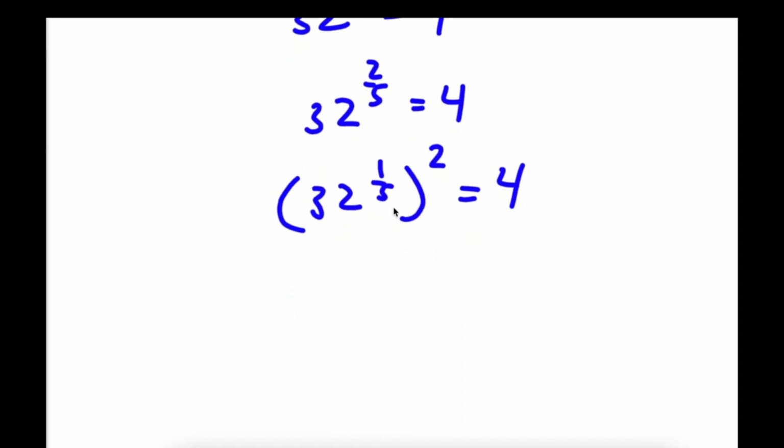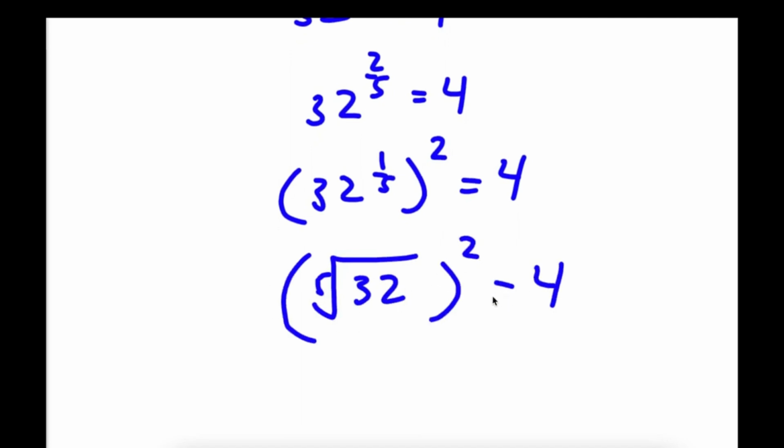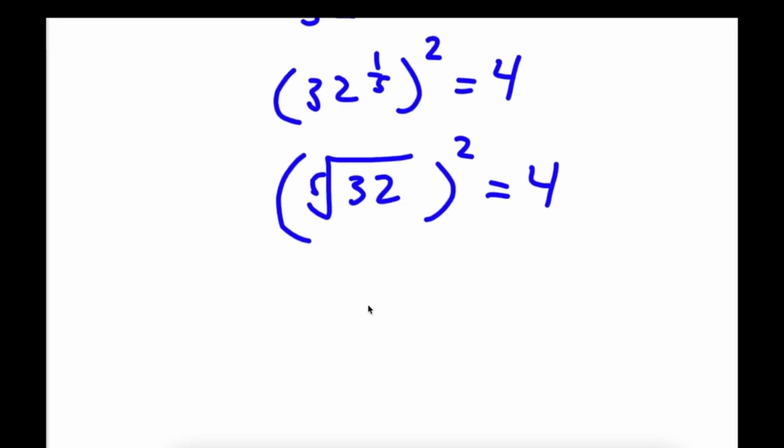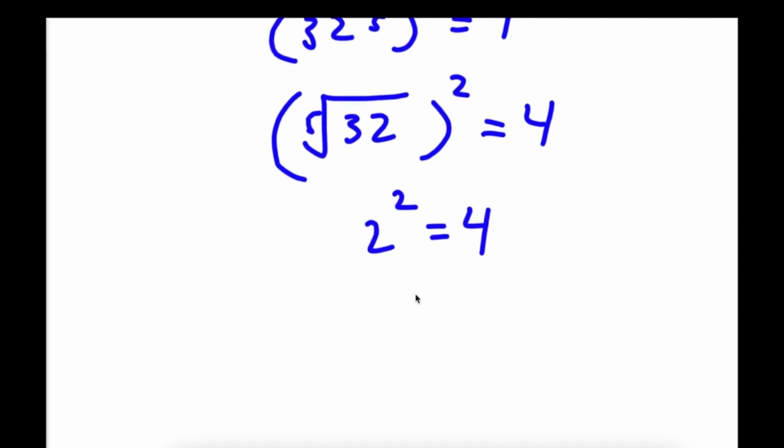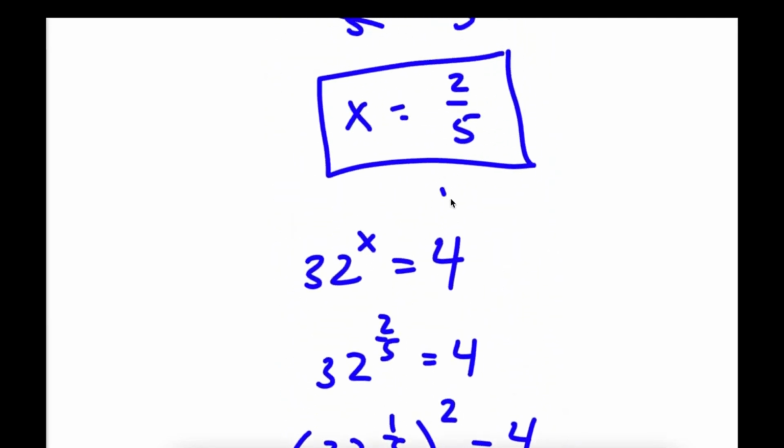Now, 32 to the power of 1 over 5, this is the same thing as the fifth root of 32, squared. And the fifth root of 32 is simply 2. So I have 2 squared. 2 squared is equal to 4. So I have 4 is equal to 4. Because this is true, we know our solution is true.